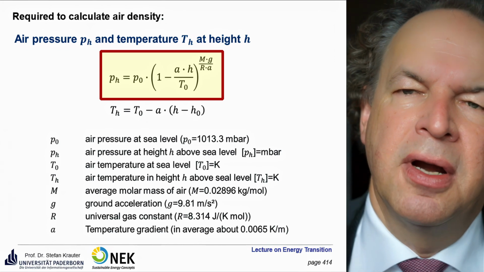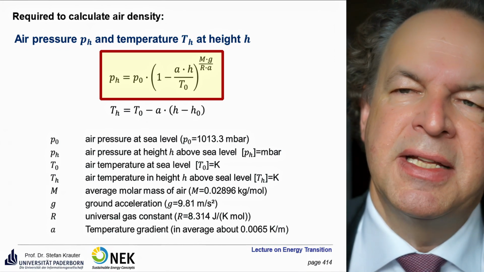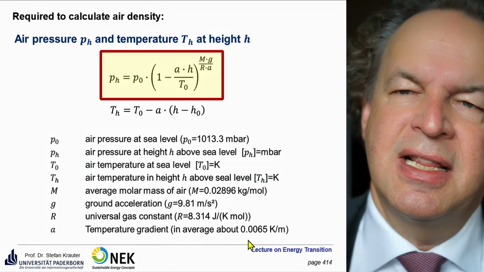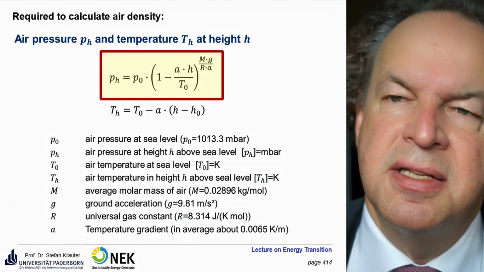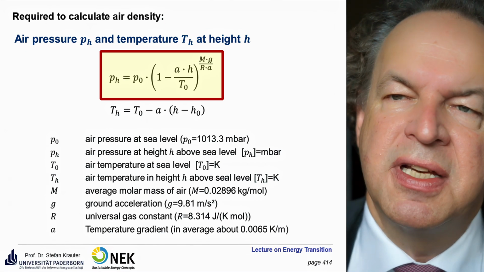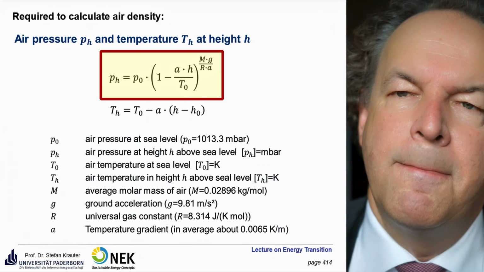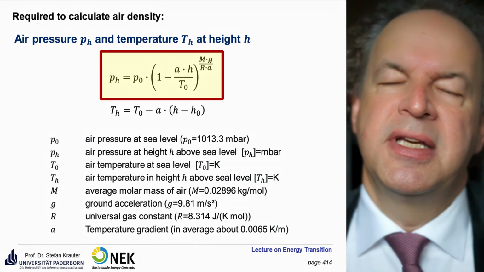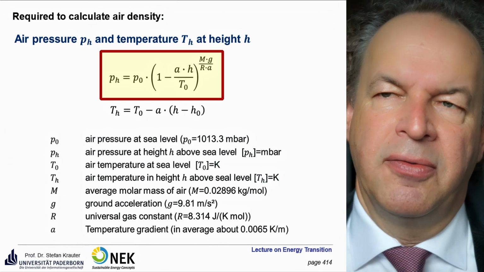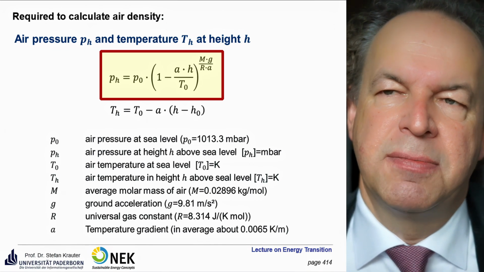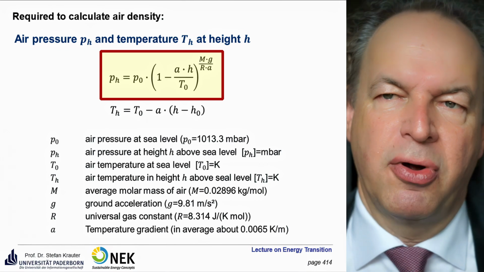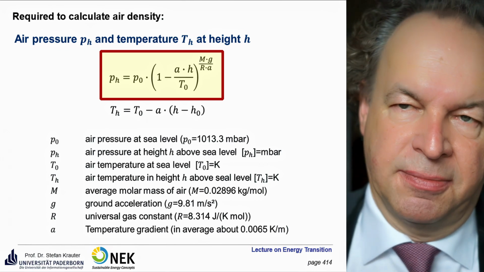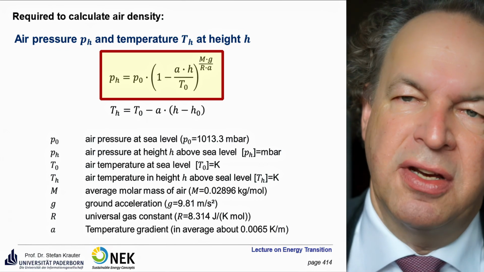As a parameter, you have the temperature gradient. If you go to the very last line here, you see that it is 0.0065 Kelvin per meter. It means the temperature is decreasing with height by about 7 degrees per 1000 meters, or 6.5 degrees per 1000 meters. And you have other parameters.